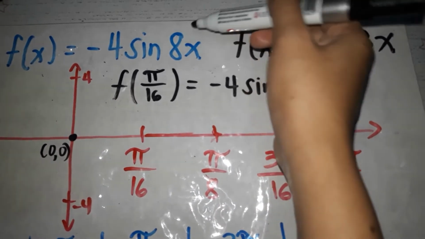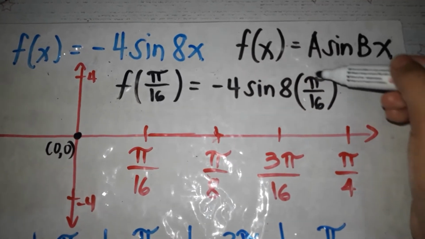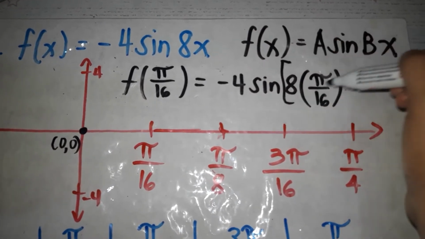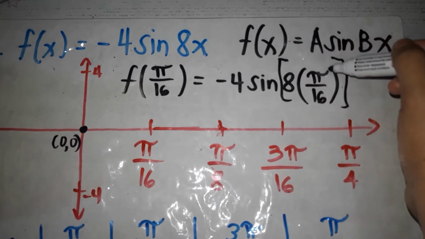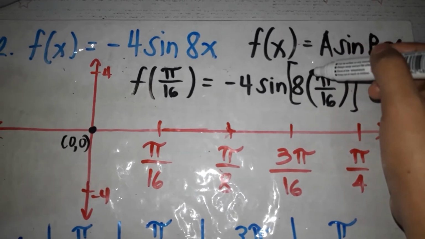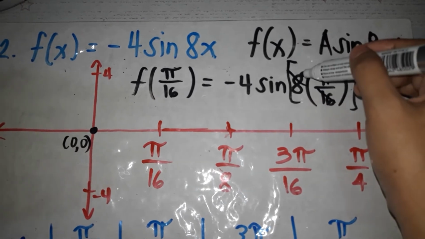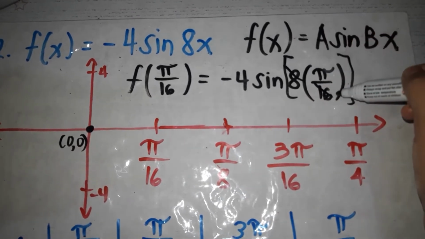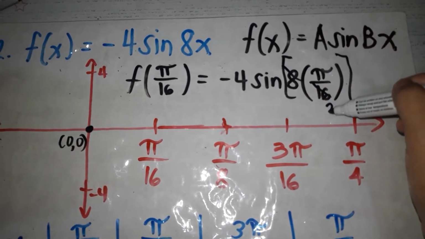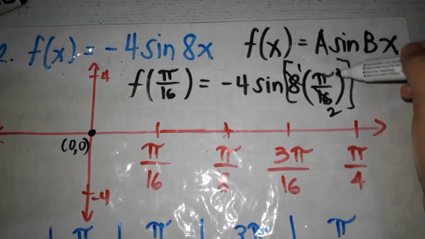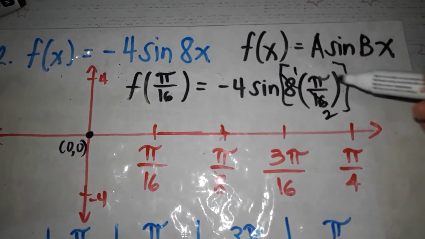Again, we replace x with pi over 16. Simplifying the angle, we have 8 pi over 16. We can cancel: 8 divided by 8 is 1, 16 divided by 8 is 2. So we have 1/2 pi, or pi over 2.